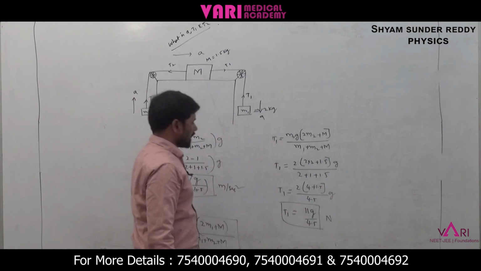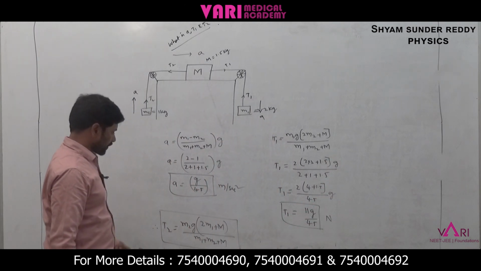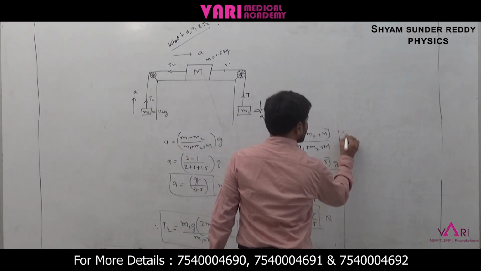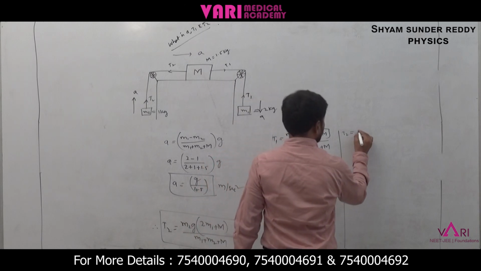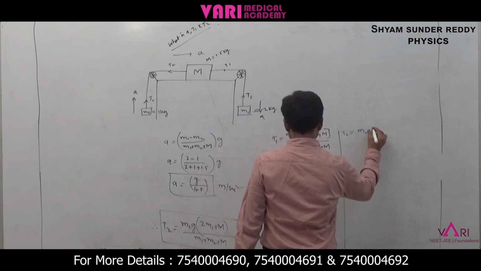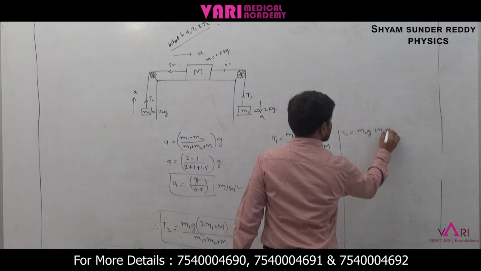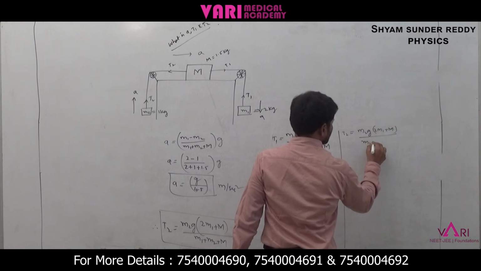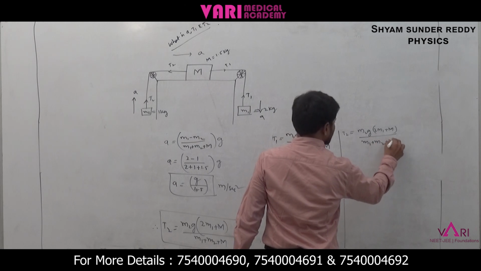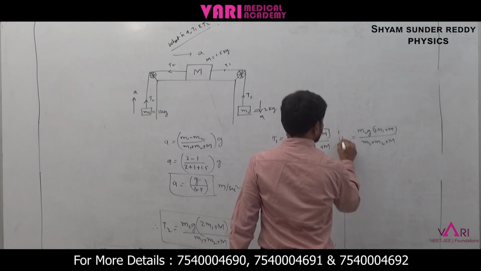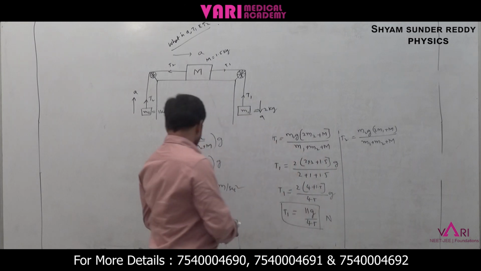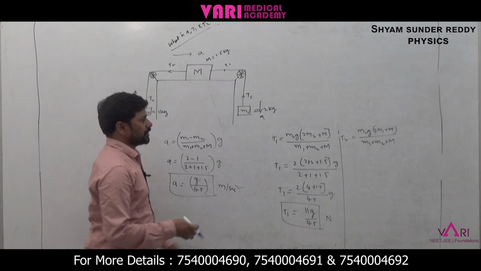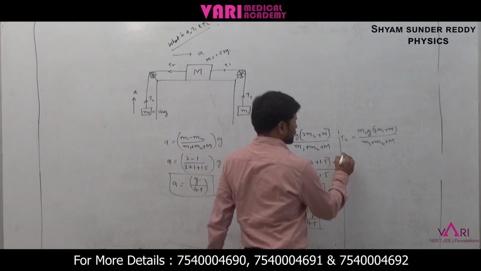And T2 is equal to what we have? T2 is equal to M2G into (2M1 plus M) by (M1 plus M2 plus M), right? This is the T2. Just substitute the values.